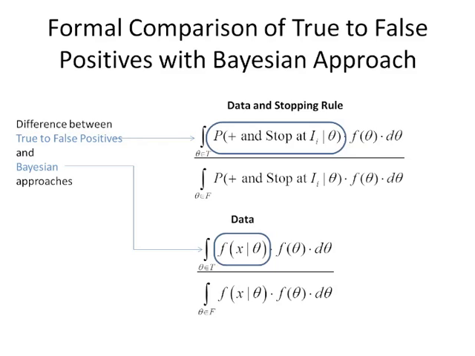And as we can see, the difference between evaluating a drug using true to false positives versus the Bayesian approach is simply that the probability that the drug is positive given that the stopping boundary is crossed is substituted for the density of the observed data in the Bayesian approach. That is, true to false positives incorporates the data and the stopping boundary, while the Bayesian incorporates only the data and ignores the stopping boundary that was set up for the study.